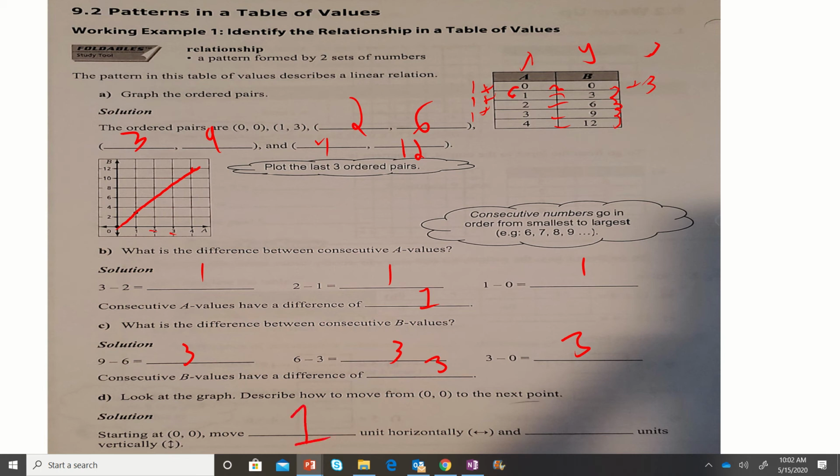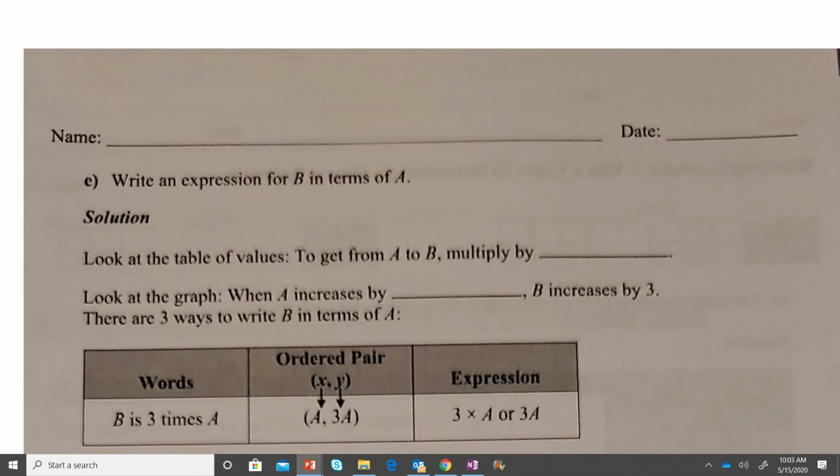We're moving 1 over every single time, and we're moving 3 units vertically. So if I went 0, and I went 1, then 1, 2, 3. And if I did it again, I'd go 1, 1, 2, 3. And I keep going up 3.